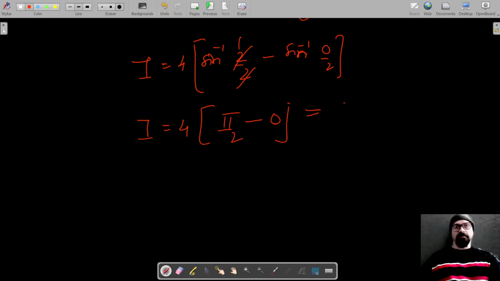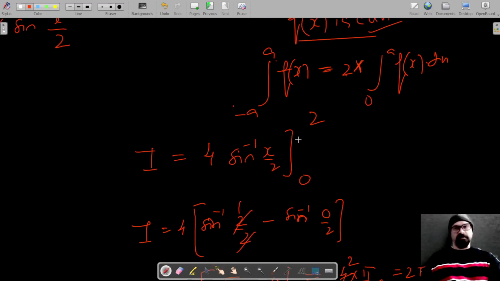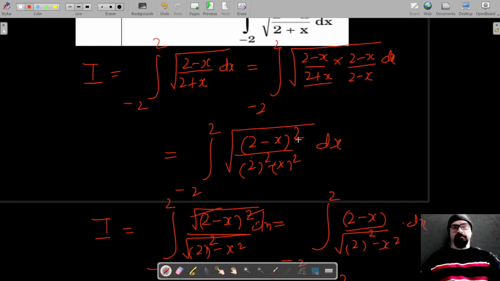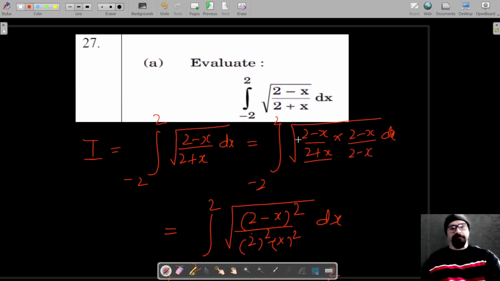So now this is 4 into pi by 2, which becomes 2 pi. So 2 pi is the answer for this, and we have solved this using the properties of the definite integral. So let's move on to part B of the same question, that is question number 27, part B.